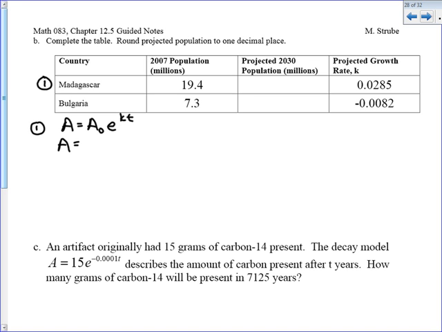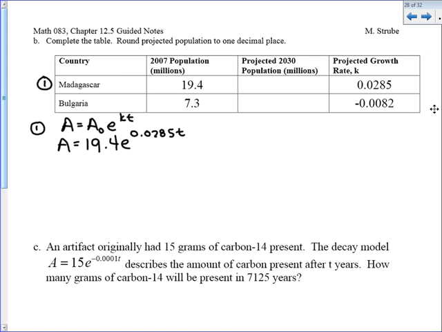So we're going to start in 2007 since that's the population they've told us. So we're going to do 19.4 e. And then they tell us what our constant is, what K is. That's the last bit of information in the table. So in place of K, we have 0.0285, and we're multiplying that by t.